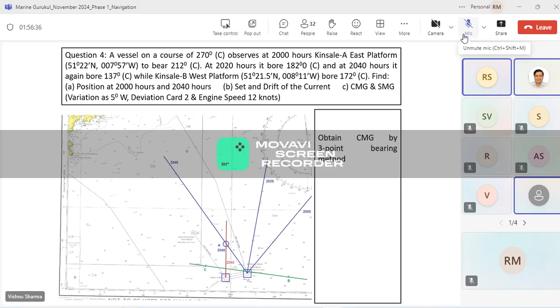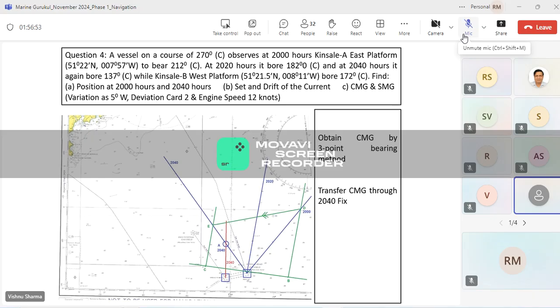Which PL will transfer for B and C? Middle PL. Center one. Very good. 2020. We transfer the 2020 PL. When we join this point of intersection D to E, will this be the CMG? Yes or no? Yes, sir. Correct?